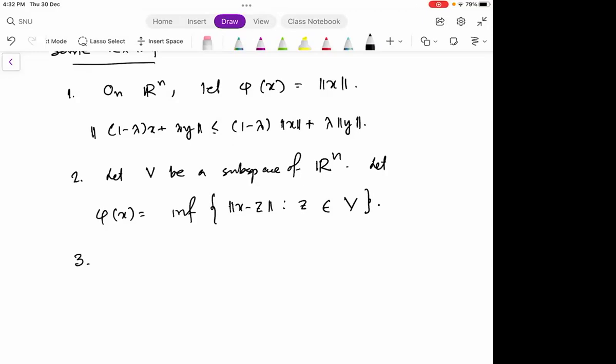The third thing is, note that whatever I'm defining is on the whole of Rn. I'm not restricting to any subset. Let A be a symmetric linear transformation.